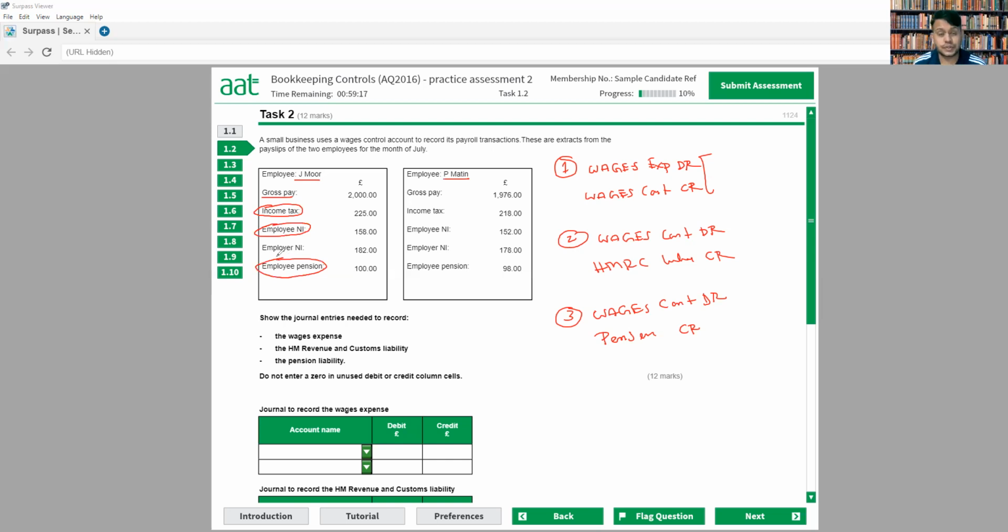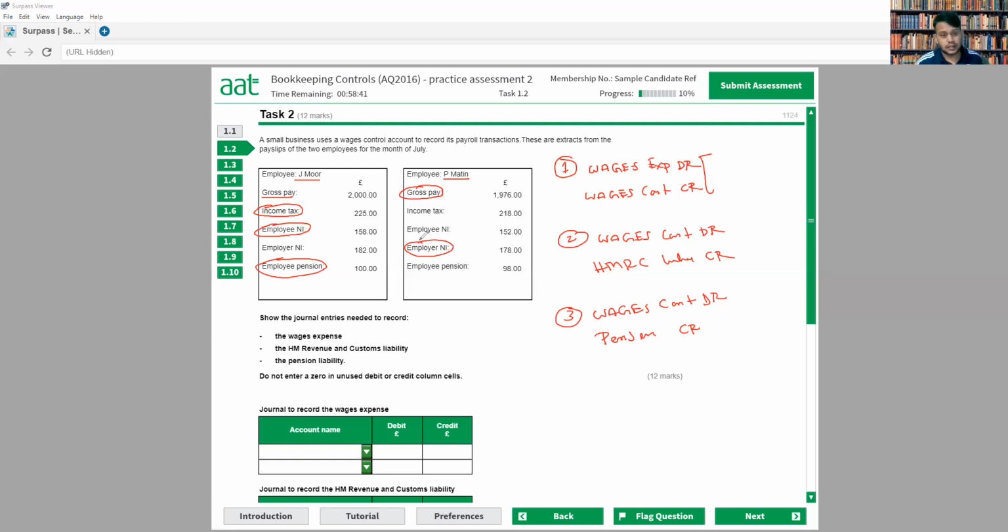So when you calculate the wages expense, do not take them again, because gross pay means income tax, employee NI, and the employee pension are already inside, before any deduction. If the question said net pay, then you take everything. So you have to add the income tax and employee NI, but if the question said gross pay, do not take them again, otherwise it's going to be duplicated. Same for here, gross pay. So you have to add the employer's NI, and that will give us the total.